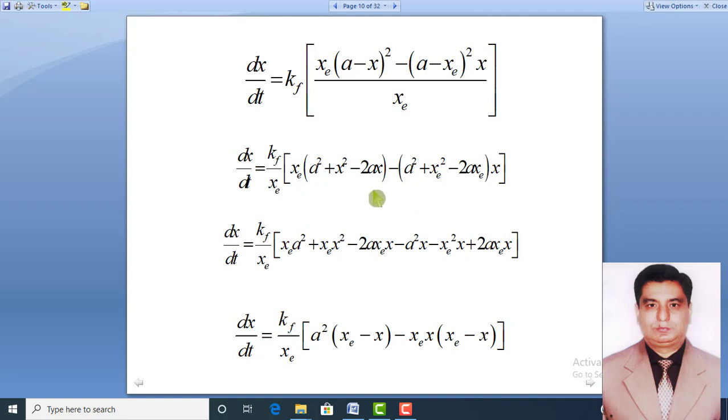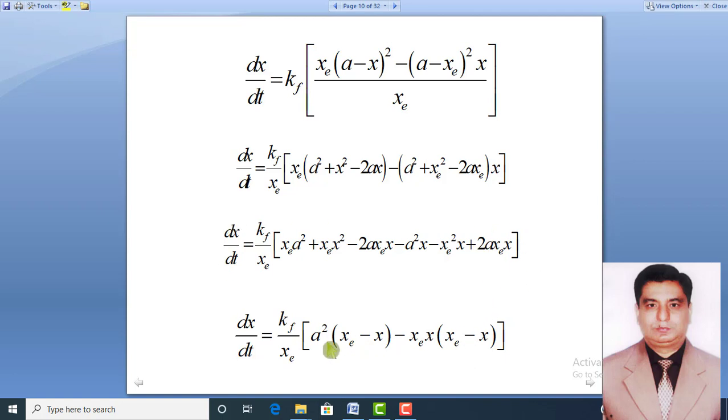Dear students, here we have taken the common term Kf over Xe. So in this equation, after rearrangement, this plus Xe X² and this minus Xe X² will be cancelled. The remaining term will be dx over dt is equal to Kf over Xe into A² into Xe minus X minus XeX into Xe minus X. So this equation has been obtained by simplifying the above equation.